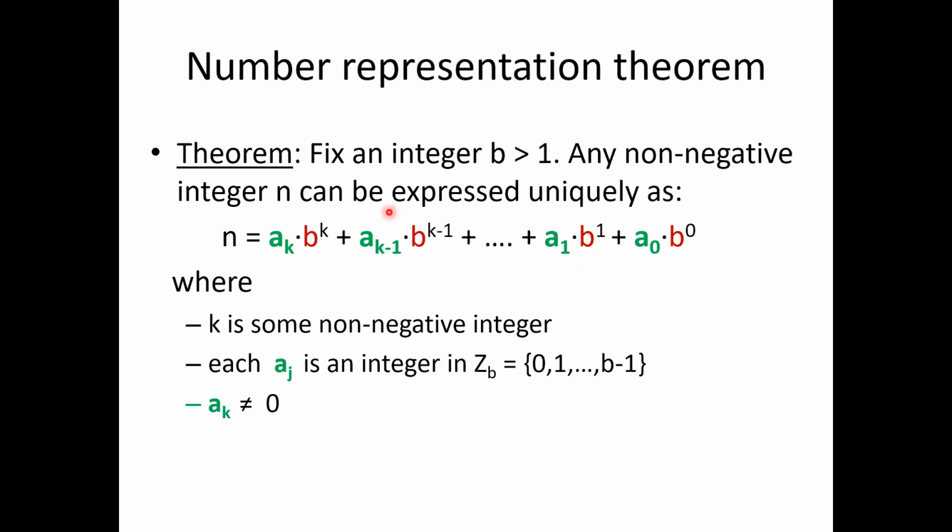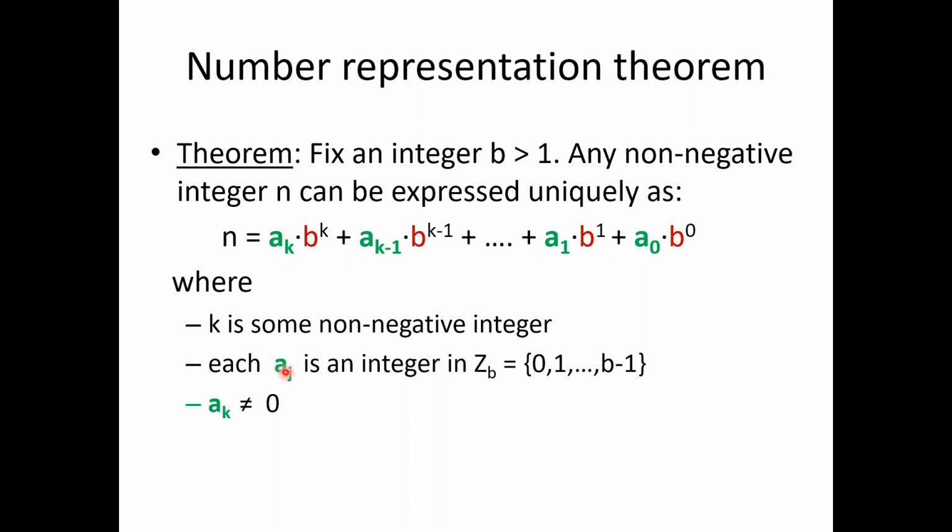In general, you can represent an integer in any base, and that representation is unique. Namely, for any n, and for every base b from 2 up, there is a unique sequence a_0, a_1, up to some a_k, such that the sequence satisfies these constraints. The leading digit is non-zero, because if it was 0, we can drop it.